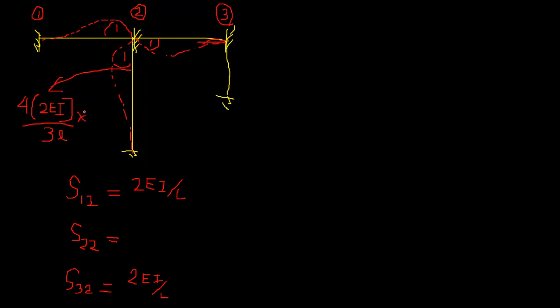So what happens? It's going to be 16 EI over 3L, right? 16 EI over 3L. L is capital L, okay. So I need to add to this 16 EI over 3L plus 4 EI over L plus 4 EI over L.